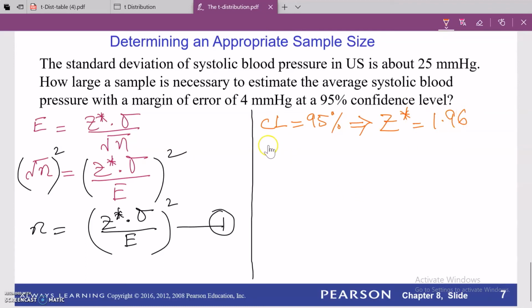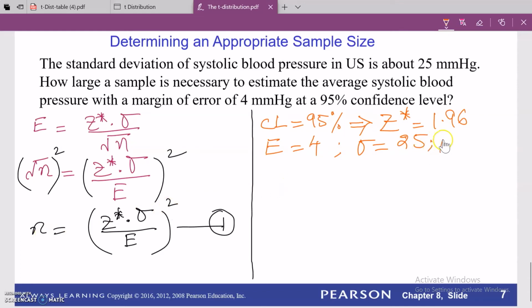We are also given the margin of error, which is 4, and the standard deviation for the blood pressure is 25. Now I'm going to plug these values into equation number 1 and find the value of n.